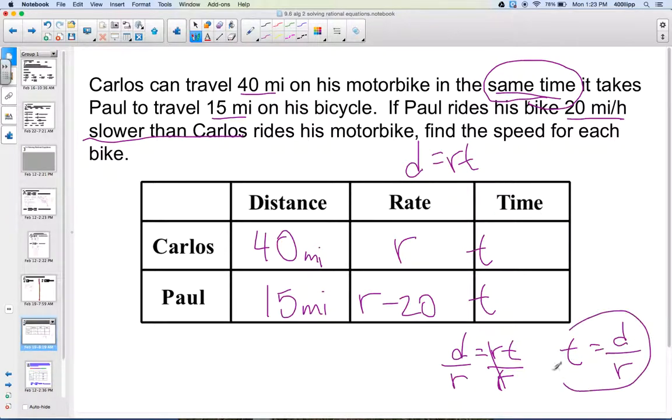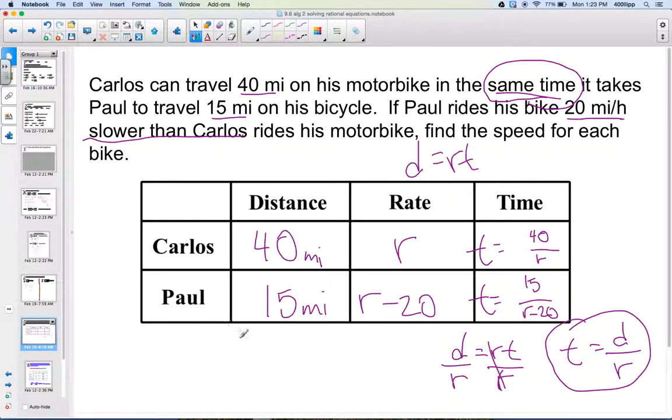So using this, I can say that Carlos's time is his distance over rate, or 40 over r. And Paul's is distance over rate, 15 over r minus 20.